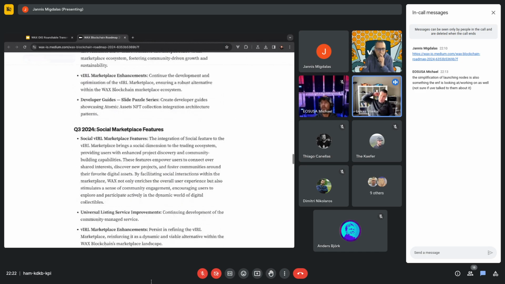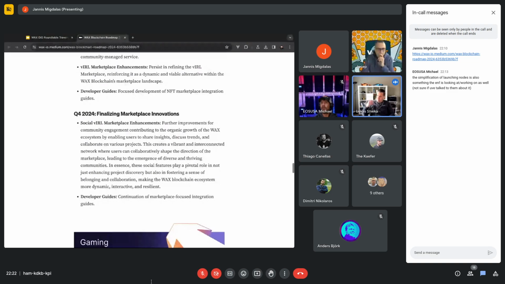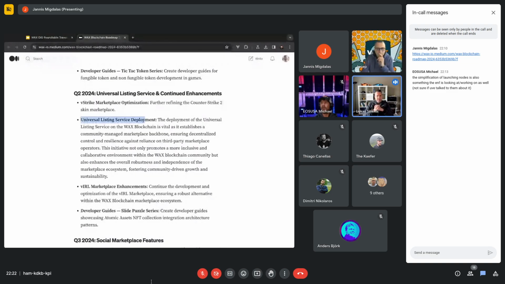But I have that on a roadmap because I feel it's a critical ecosystem type of functionality that we need, because I think we got very lucky that Wombat, who's very Wax friendly, ended up purchasing Atomic Market and all that infrastructure, which means that from the continuity perspective, everything works.